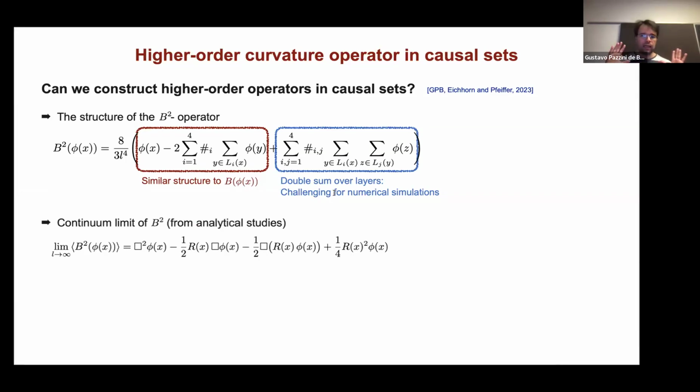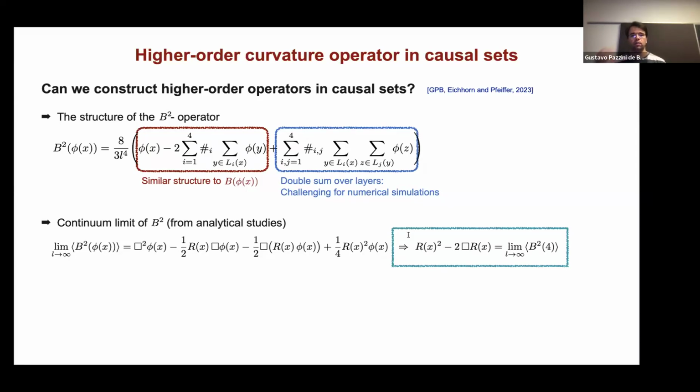Well, but I mean, without going into details of the proof, the idea is that from this definition, you can show that if you take the average over sprinklings on non-Riemannian manifolds and take the discreteness scale to 0, so again, sorry, there is a typo here, then in the continuum limit, essentially this corresponds to this expression here, which now involves the Lambertian square acting on something and other contributions.